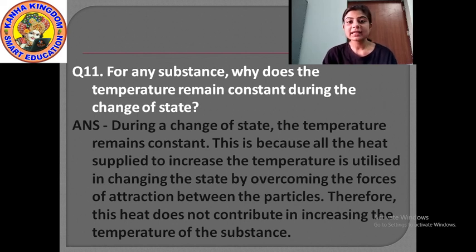Therefore, the temperature does not change. It remains constant, because if the temperature changed, the state of the matter would not change. That is why the temperature remains constant during the change of state of any substance. Understood?